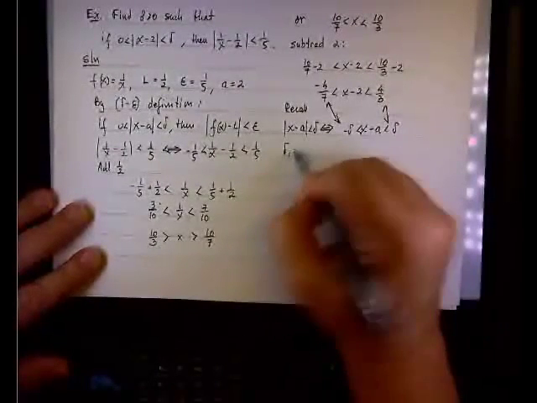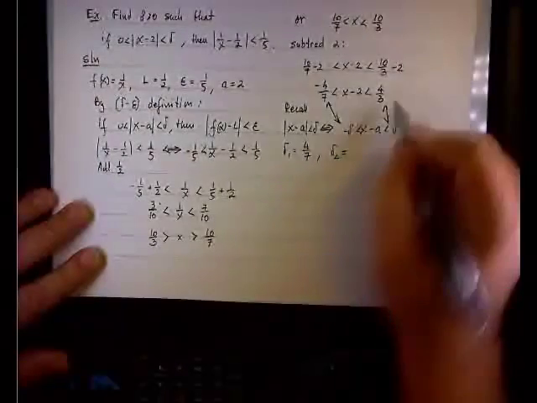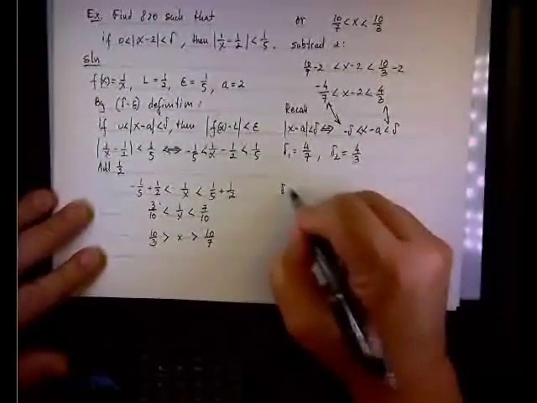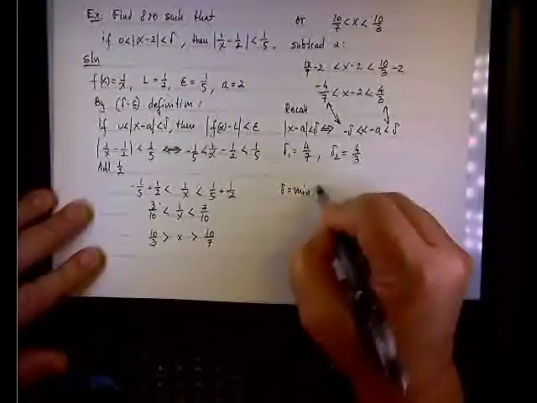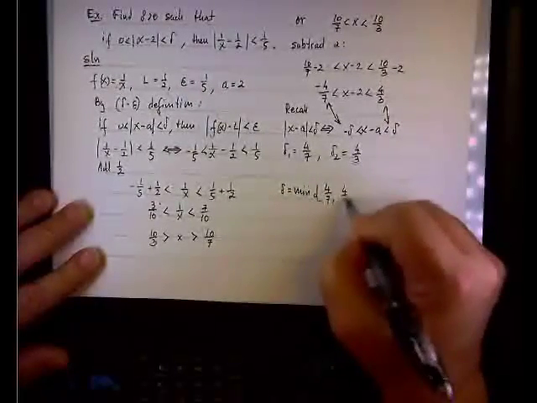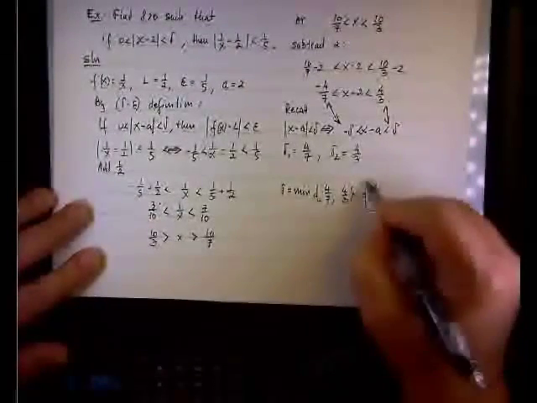So we have delta 1 equal to 4 over 7, and delta 2 equal to 4 over 3. And we always take the minimum, so delta will be the minimum of 4 over 7, comma 4 over 3, and of course the minimum is 4 over 7, and this will be delta.